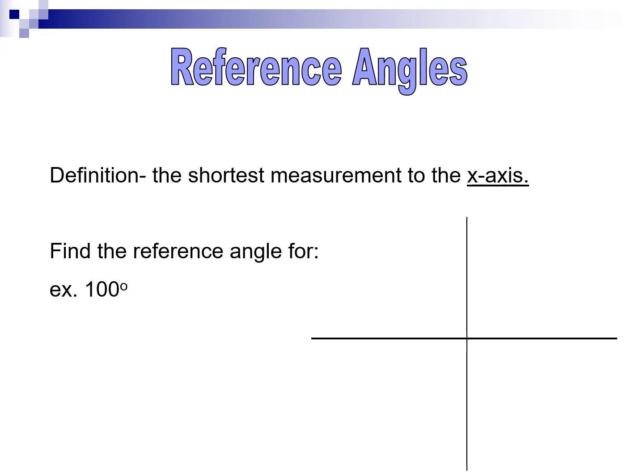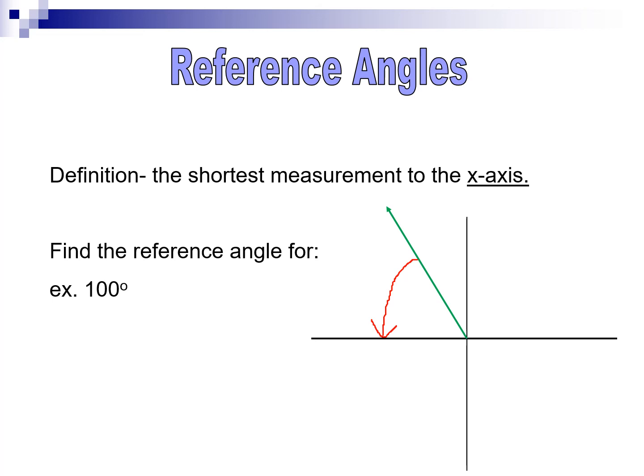Go ahead and plot where 100 degrees would be. Right around there. Again, it's just a sketch. But to find the reference angle, it's the shortest measurement from the angle to the x-axis. That is called the reference angle.